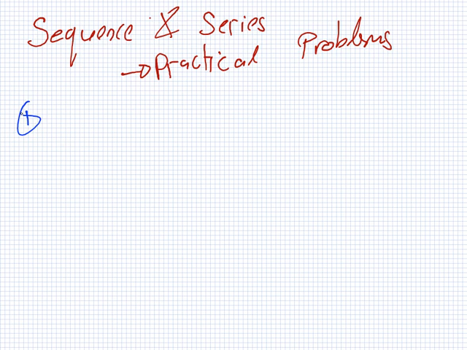So the first one here is, what is the sum of the first 100 numbers? So we have 1 plus 2 plus 3, etc., all the way up to 100. Well, what type of sequence is this? AP or GP? True, it's divergent.